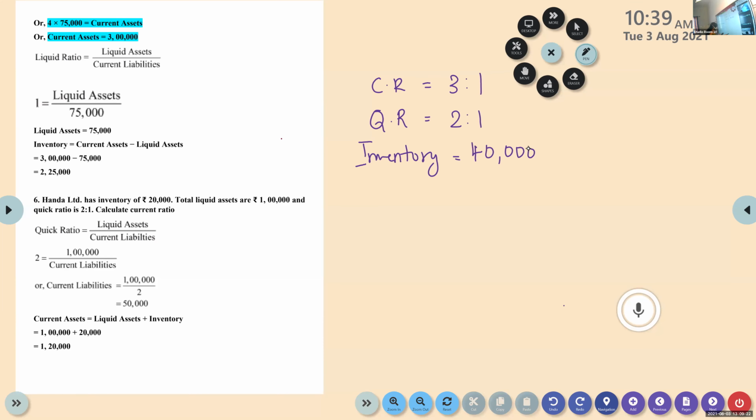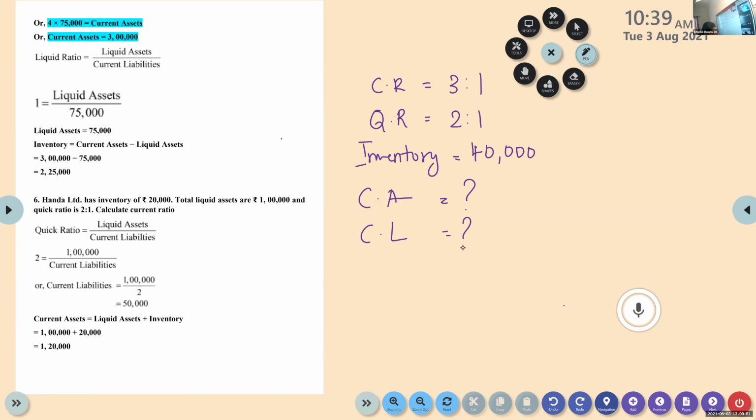Find out current asset and current liability. I hope the question is clear. Current ratio is given 3 is to 1. Quick ratio is given 2 is to 1. Inventory 40,000. Now find out CA and CL, current asset as well as current liability.